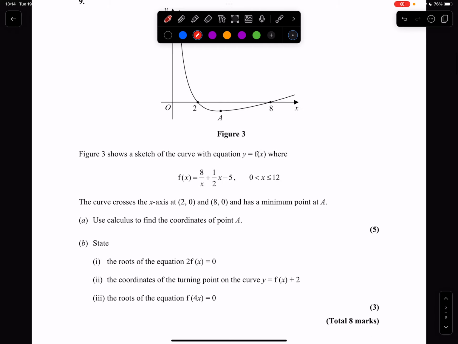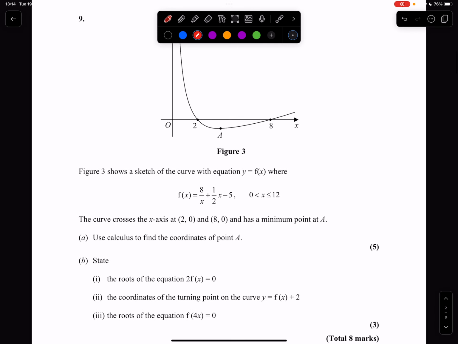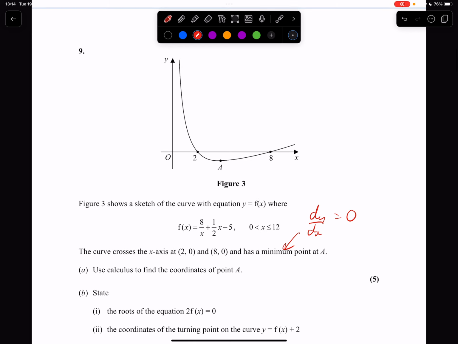Okay, question 2. It says, find the coordinates of point A, which is a minimum. As soon as we're doing anything to do with minimums, we're going to want to differentiate and find out when dy by dx equals 0. So if we start by writing out the function in a standard way, such as 8x to the minus 1 plus 0.5x minus 5.